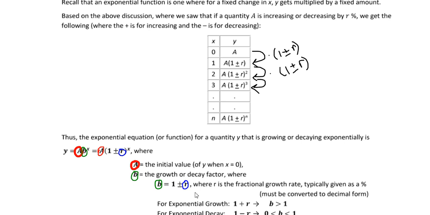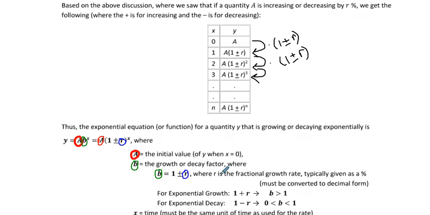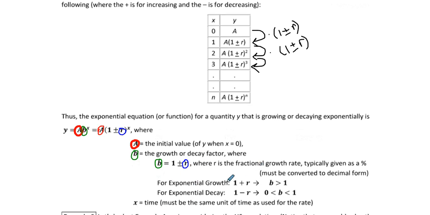Now, the one thing that we want to be a little bit careful about is that if you have exponential growth, make sure you're using addition, so 1 plus r, and that will result in B, the growth factor, being larger than 1.